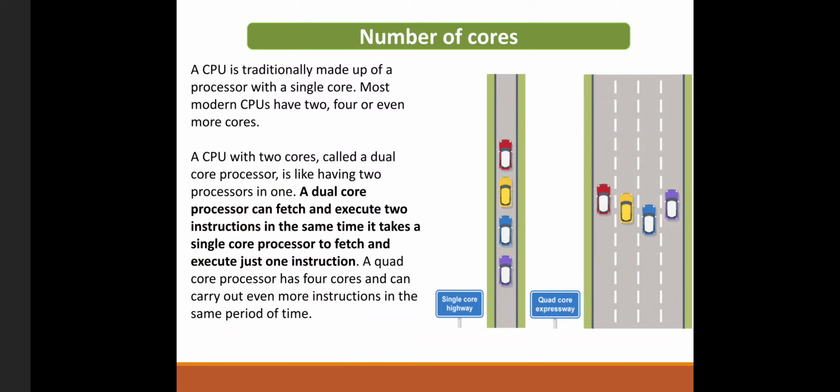A dual core processor can fetch and execute 2 instructions in the same time it takes a single core processor to fetch and execute one instruction. So with the quad core, as you can imagine, it allows you to fetch and execute 4 instructions at the same time. The quad core processor has 4 cores and can carry out more instructions in that same period.